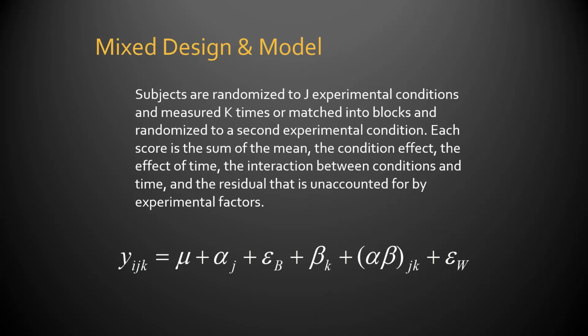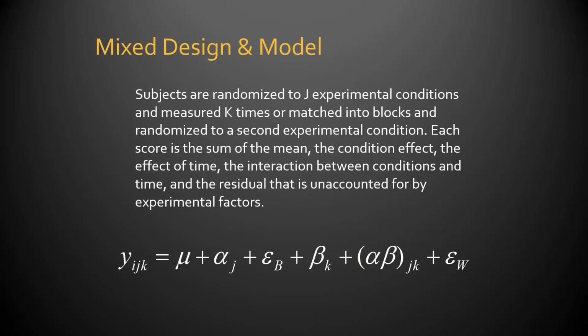That score is seen as a sum of the baseline effect, that is the mean, plus the effect of being in the between subjects factor, alpha, plus the residual for the between subjects factor, plus the effect of being on the within subjects factor, either time or a block, and that's going to be beta at the kth level, plus the interaction alpha beta at the jth and kth levels, plus the epsilon, or the error, for the within subject. So here we have two errors. And in essence, we're going to have two ANOVA tables. An ANOVA table for the first part, alpha and epsilon b, and then an ANOVA table for the second part, beta, the interaction, and epsilon w.